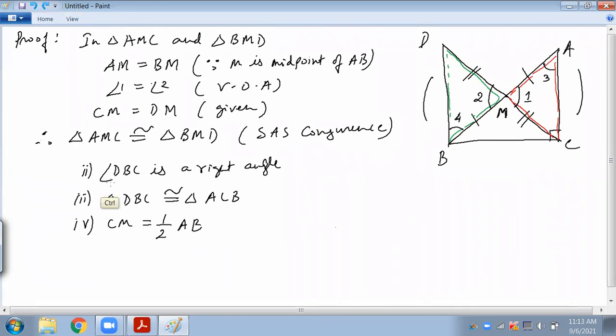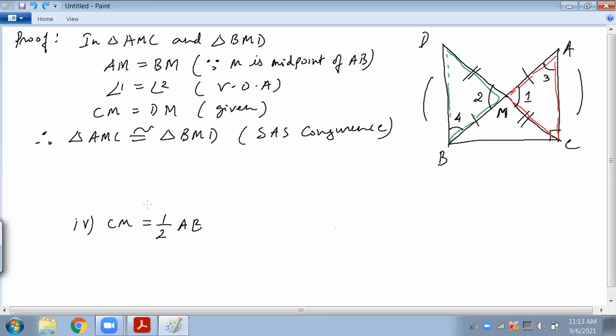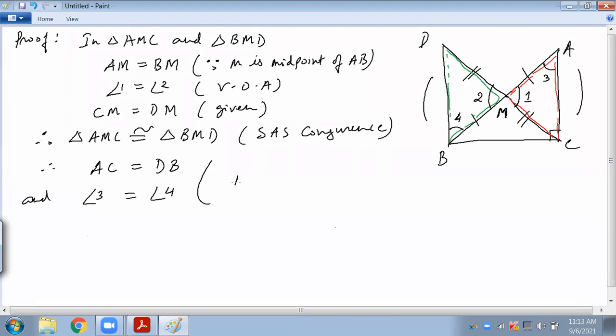After showing these two triangles congruent, what can we take? We can take AC equal to DB, and angle 3 equal to angle 4, by CPCT.